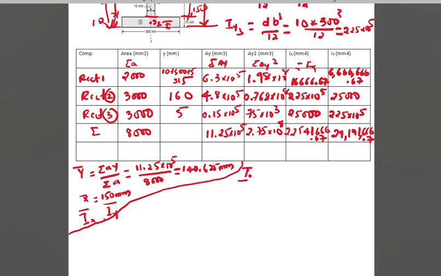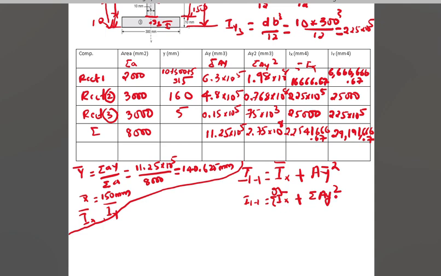I11 is equal to Ix bar plus A y bar square, or I11 is equal to summation of Ix bar plus summation of Ay square.